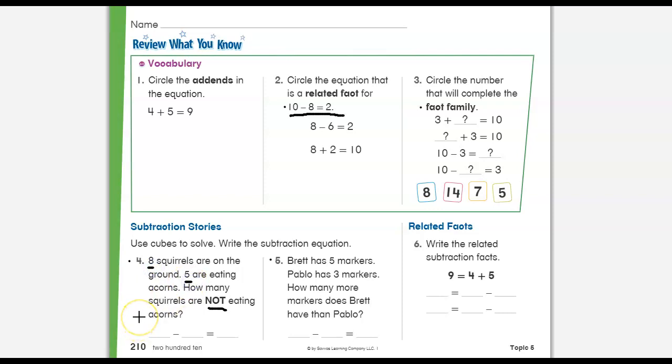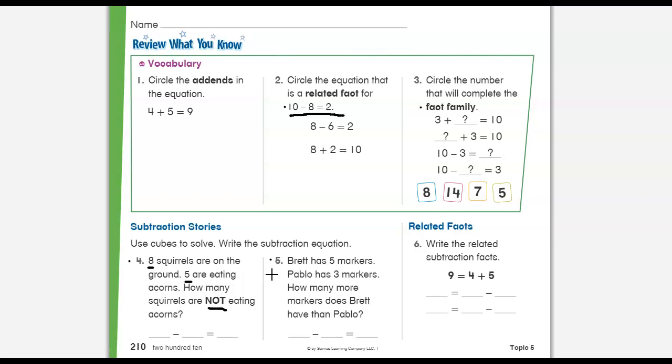To find out how many squirrels are not eating acorns, we would need to subtract the number of squirrels that are eating acorns from the total number of squirrels on the ground. So for number 4, you are going to write and solve the subtraction equation using the numbers in our story problem. We will do the same for number 5.